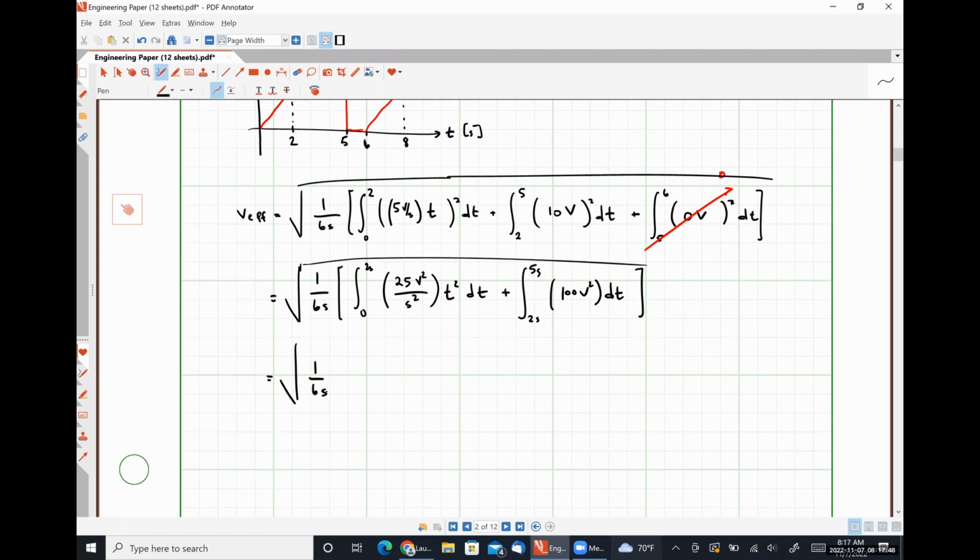I'm going to move the 25 volts squared per second squared out. What happens when I integrate t squared dt? What's the integral of t squared? 1/3 t cubed. There we go.